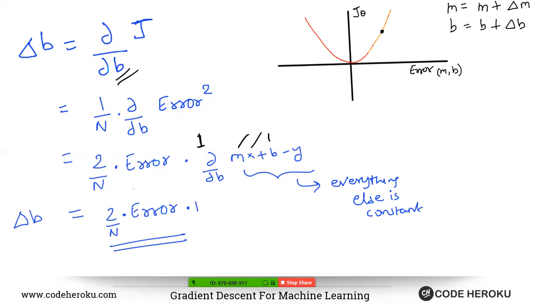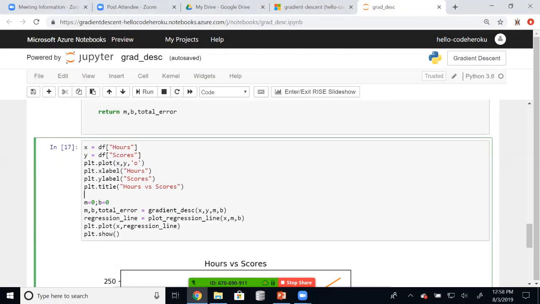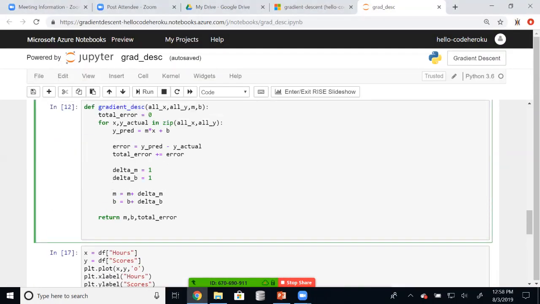All right, so can we go ahead and do this in code now? Now that we know what delta m and delta b should be, can you go ahead and do that in our code? You know the equations for delta m and delta b. The only thing I would ask of you right now is to ignore the 2 by n over here, because that is a constant.